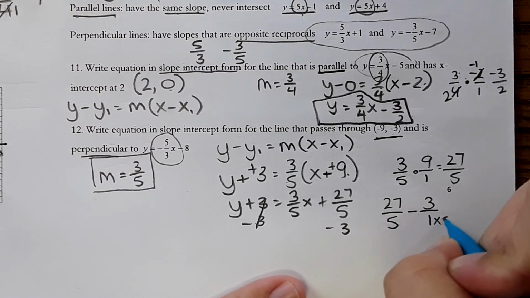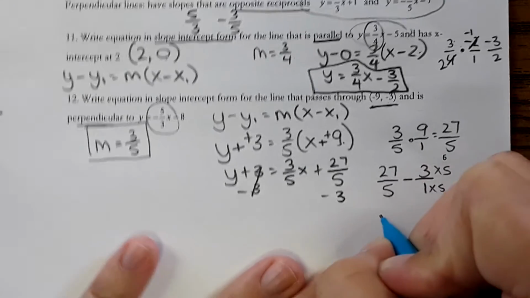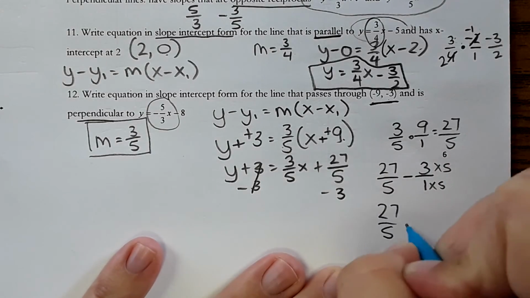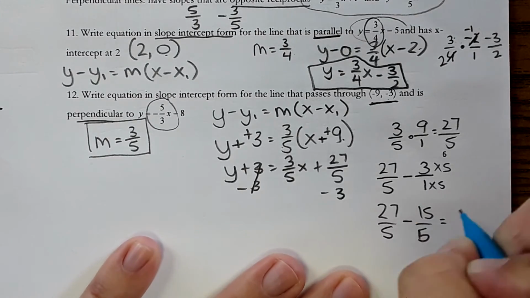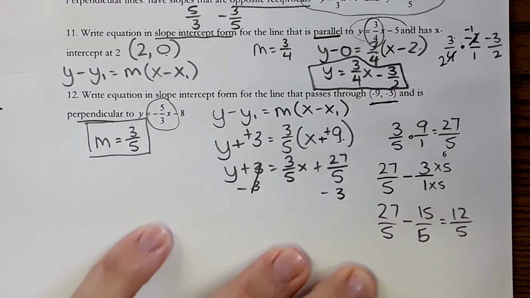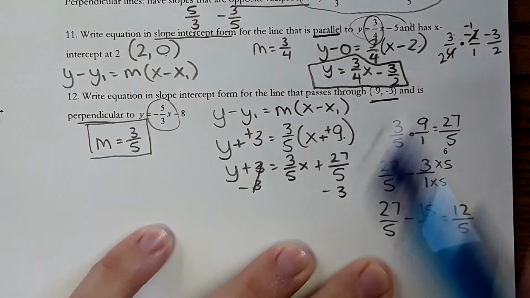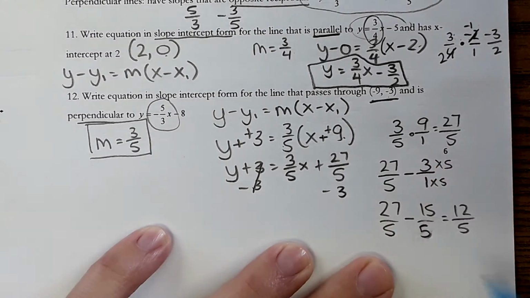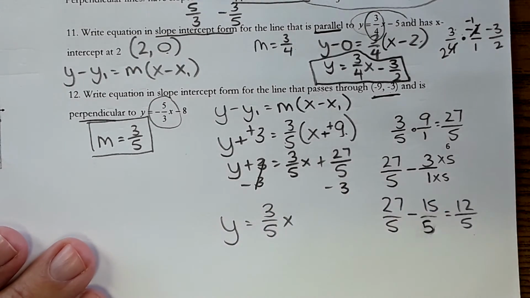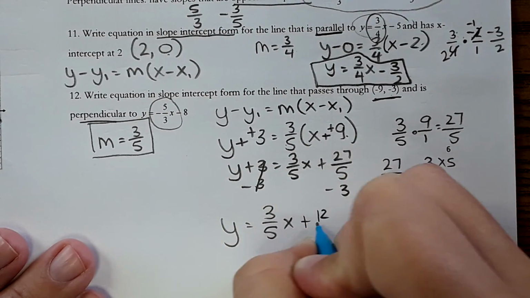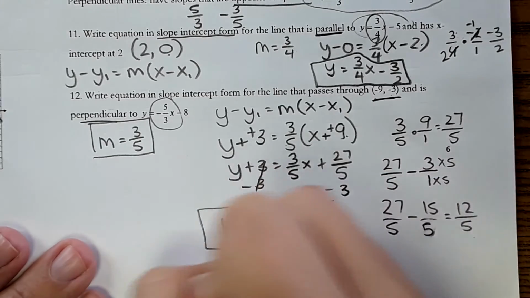So we're going to multiply this by 5 and multiply this by 5. 15 over 5. And then we get 12/5. So then rewriting this, y equals 3/5 x plus 12/5. And then we're actually done.